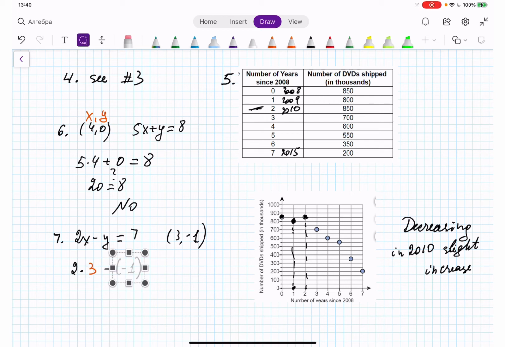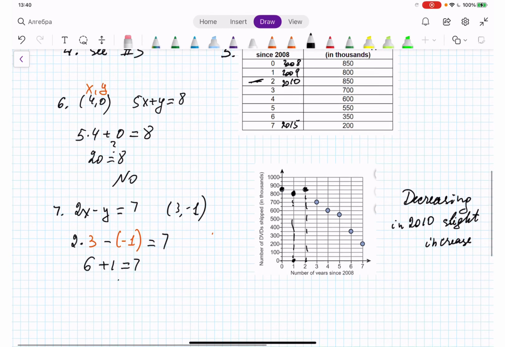And let me see if we get 7. So 6 minus negative 1 plus 1 equals 7. So yes, it belongs, the ordered pair belongs to the equation.